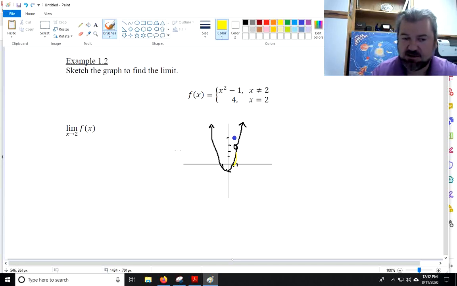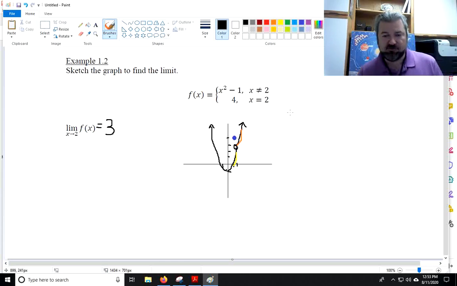Now, as I get closer and closer to 2 from the right, which I'll show with orange, we're coming towards this hole at x equals 2, coming down this parabola, and again, I'm getting closer and closer to the value of 3. So I am going to state that the limit of this function as x approaches 2 is 3.